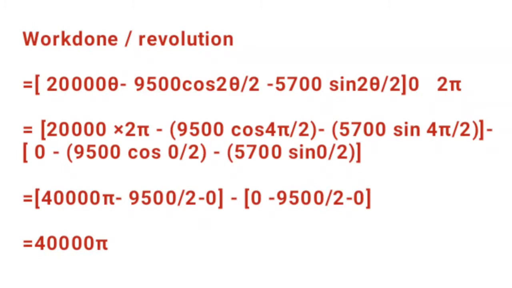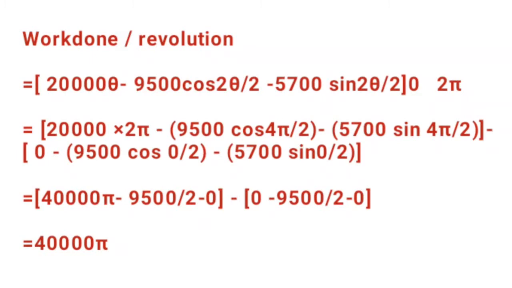Instead of theta we will put here 0. So we will take here 20,000 theta, that is 20,000 into 0, that is 0, then minus 9,500 cos of 0 by 2 minus 5,700 sin of 0 by 2. Now we will find out the value of cos of 4 pi, cos of 0, and sin of 4 pi and sin of 0, and we will put the value.